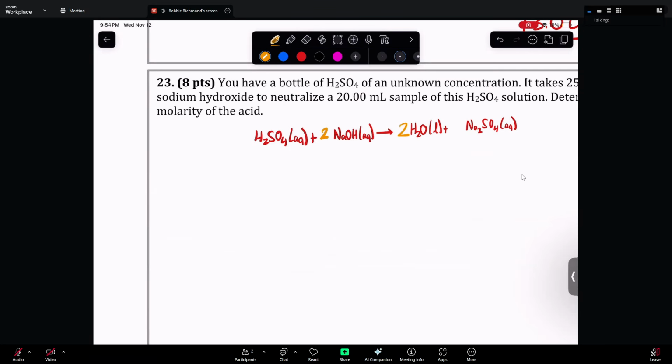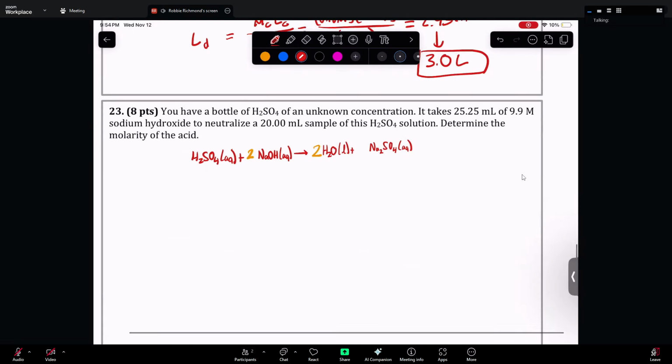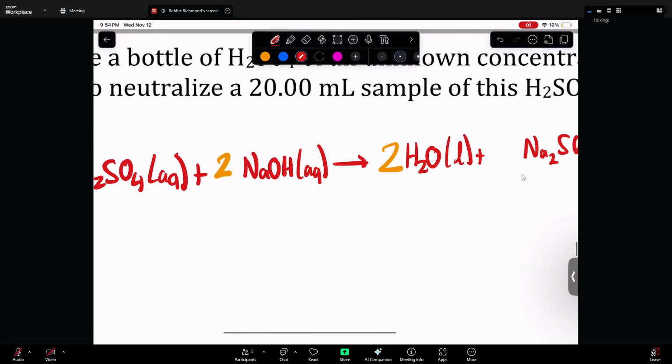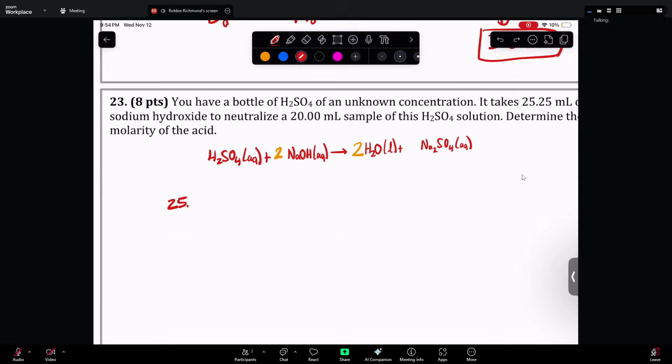Alrighty. So, starting a neutralization reaction, we know that we start with all this base with a certain amount of concentration, and it neutralizes this amount of volume. So, let's start with the amount of base.